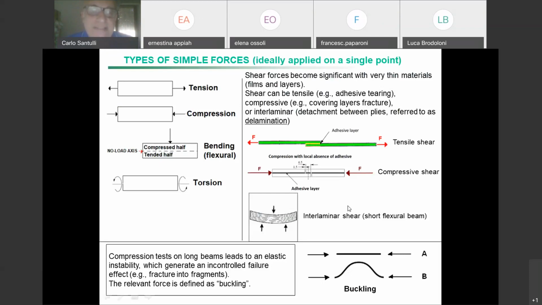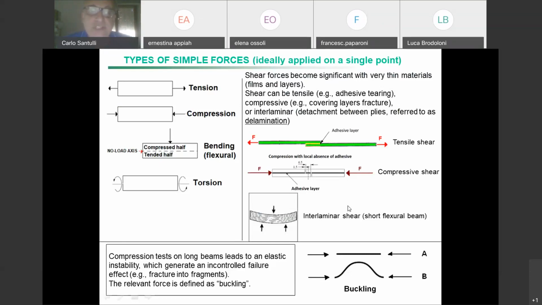You may in some cases, but it usually works in tension. Concrete works better in compression. Wood works very well in bending. And with ropes, we apply torsion in many cases. There are many natural materials which work well in torsion. Natural fibers, for example.